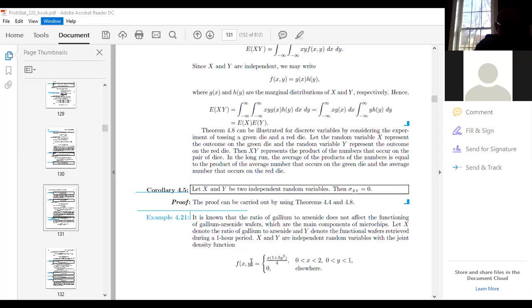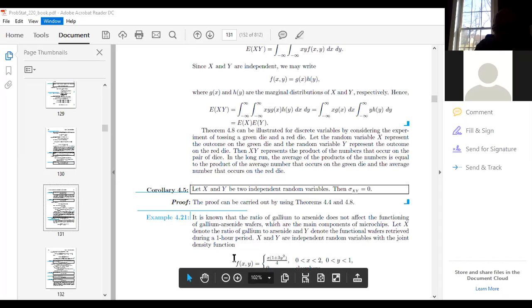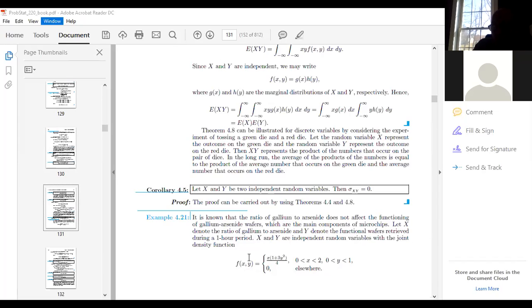That will help you separate out your g of x and h of y, because we want to figure out from this function what is my g of x and what is my h of y. That can be done only by using the marginal function.